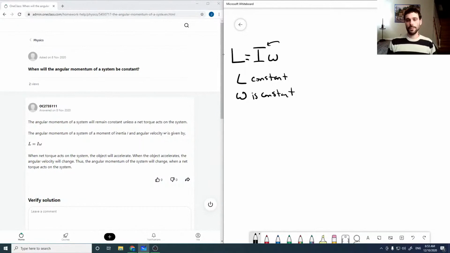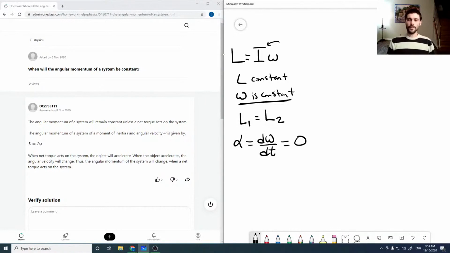Similar to linear motion, we can do a conservation of angular momentum. So L1 equals L2. We can have changes in I or omega, but what I mean is that alpha is d omega by dt, and so that must be 0.